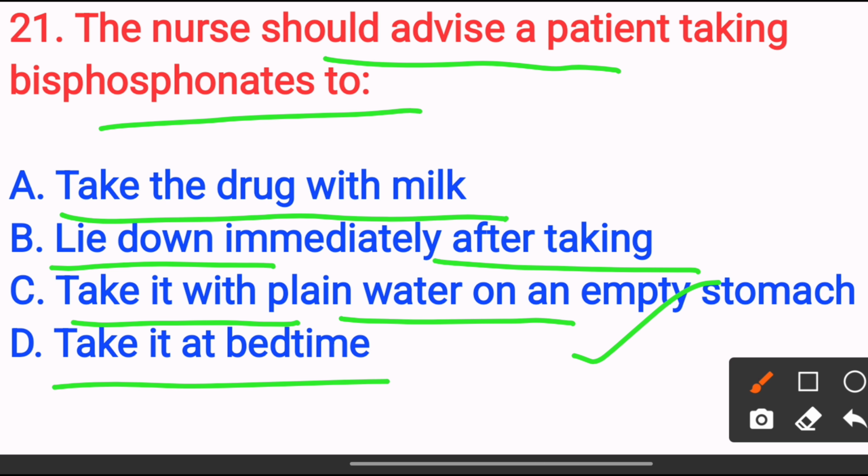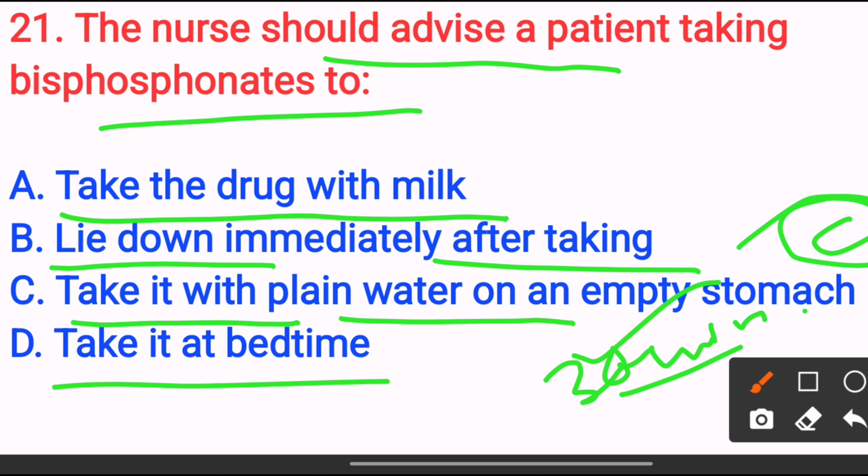The answer is option C, take it with plain water on an empty stomach, because bisphosphonates must be taken with water on an empty stomach, and the patient should remain upright for 30 minutes to prevent the esophageal irritation. So the answer is option C.